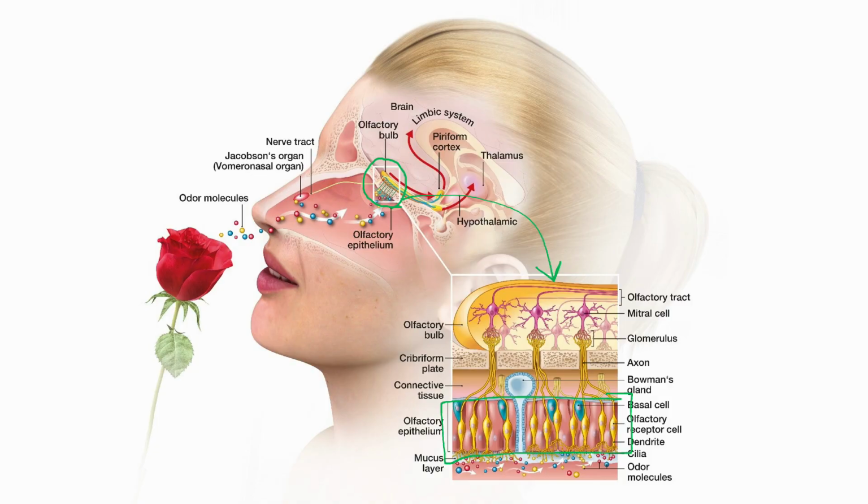But our focus really is on these receptor cells, shown in yellow. You see the dendrites extending into the mucus layer. The odor molecules must get absorbed into the mucus layer in order for those hair cells to detect them.